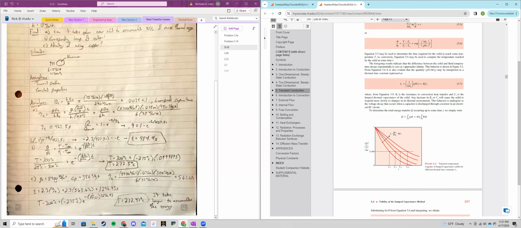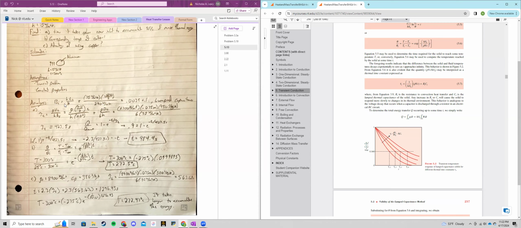Now we are checking the advantage of using copper. Copper's characteristics are given here: density of 8,900 kilograms per meters cubed, and a C value of 380. We're just going to follow the same steps real quick here. We know that the Biot number is not going to change.